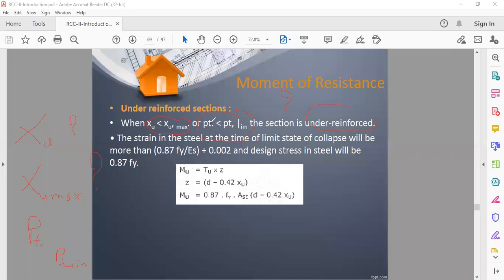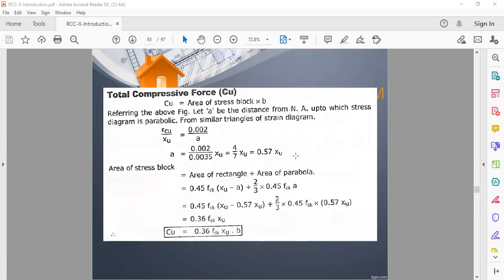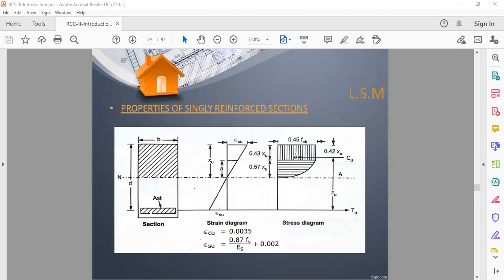Apart from it, the strain in the steel at the time of the limit state of collapse will be more than 0.87 Fy by Es plus 0.002. That's the formula we have seen. If we recap, this is the strain value and this is the stress value.